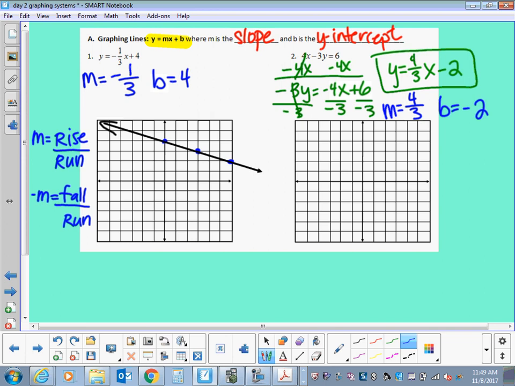So go ahead and plot those points. I'm going to start at -2 because that's my b, my y-intercept, and I'm going to go up 4/3. 1, 2, 3, 4. 1, 2, 3. Is that what yours looks like?